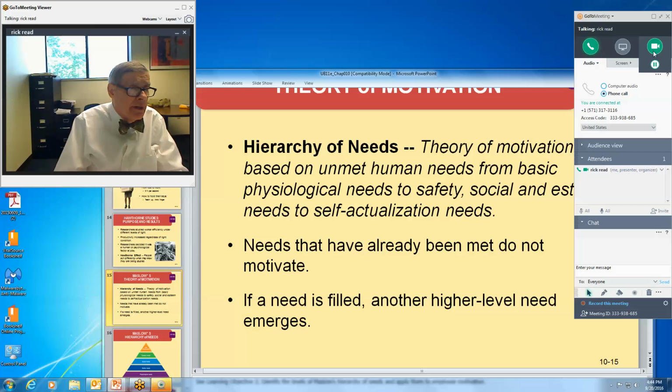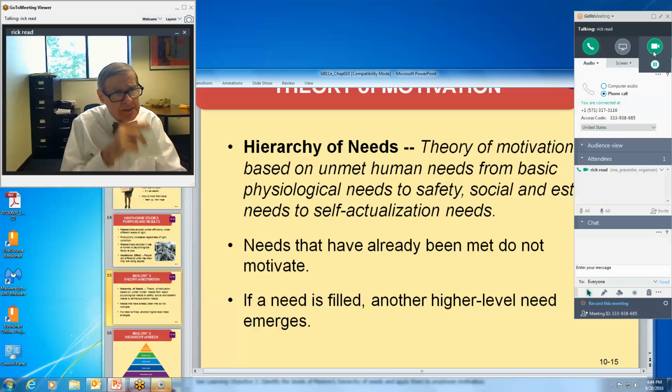And then it goes up the ladder here in Maslow's hierarchy. We'll show you this pyramid here in a second. From physiological needs to safety needs, to social needs, and then to esteem needs, and finally to self-actualization.